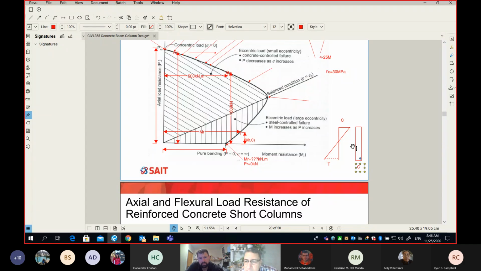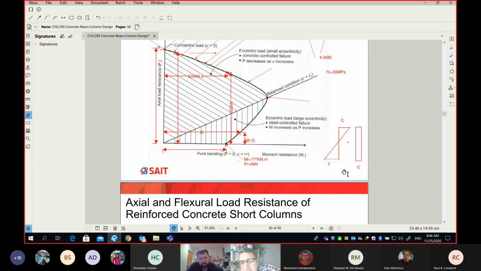So I can tell you we're adding this plus this. What you see on the left is the stress from the bending moment, and what you see on the right is the stress from the axial force. Then finally, what will be the resultant? You simply have to add both of them. And remember, we're adding compression plus compression, so the compression will increase.